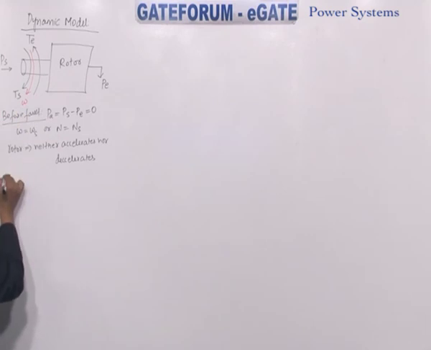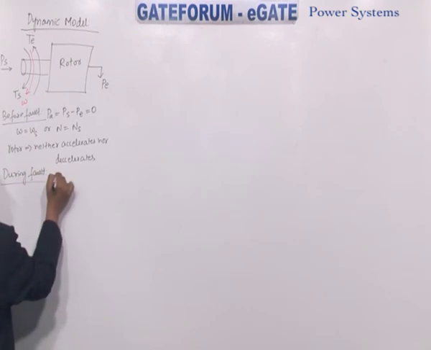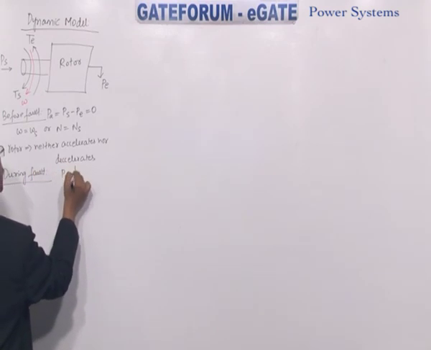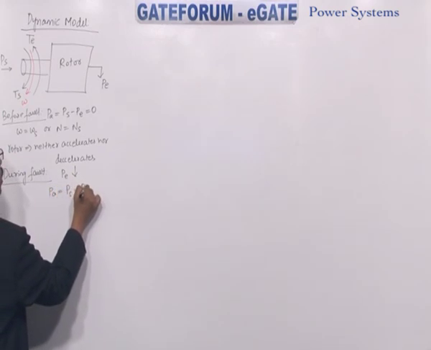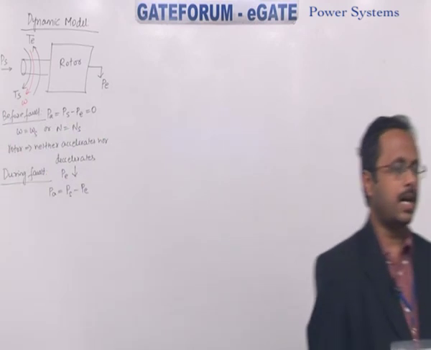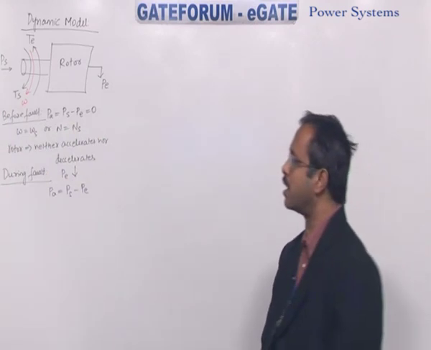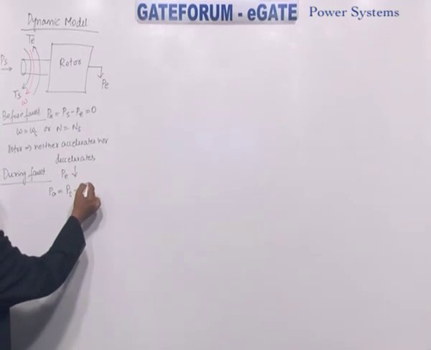Now we should check during fault. And during fault we know that the electrical power transmitted decreases. So what will be PA now? Formula is shaft input PS or mechanical input PS minus electrical output PE.